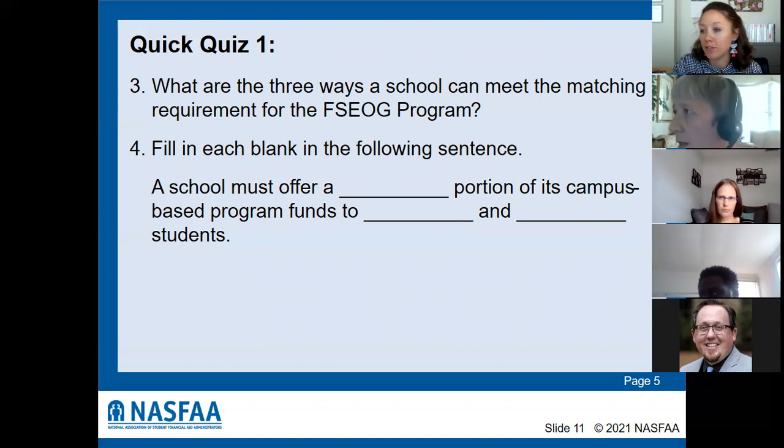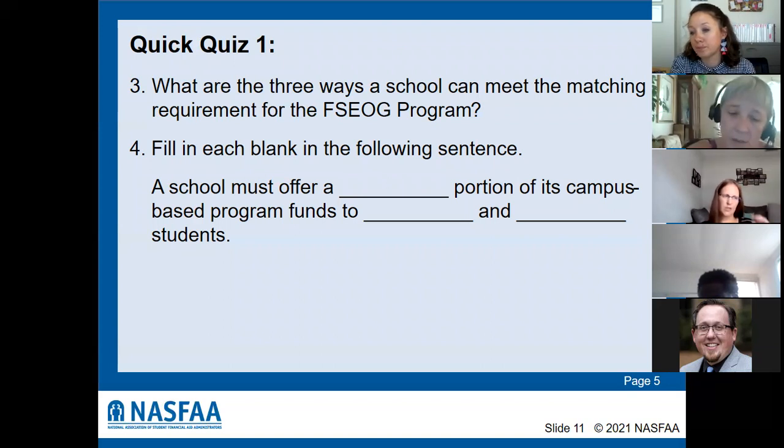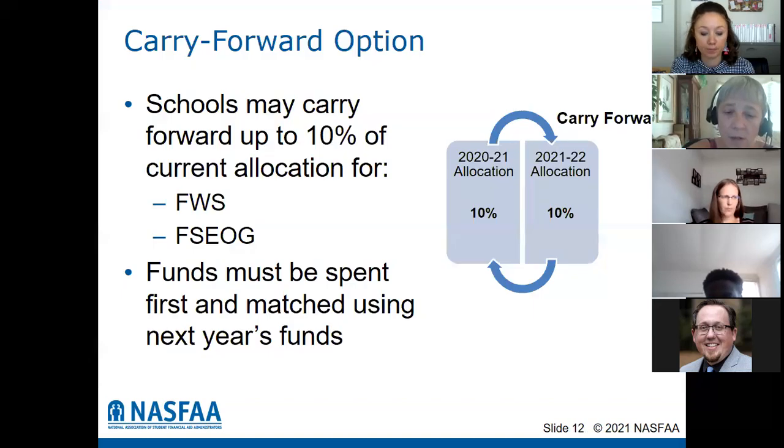We have 2 answers. A reasonable portion of its campus-based program funds to independent and part-time students. Yay, woohoo! Thank you very much for participating. That is correct. So it's important just to remember that independent and part-time students need to be included in your campus-based programs. Thanks, everyone.